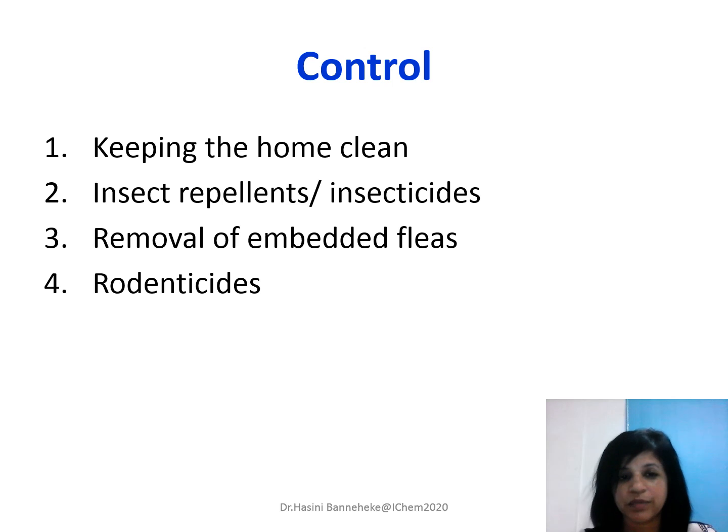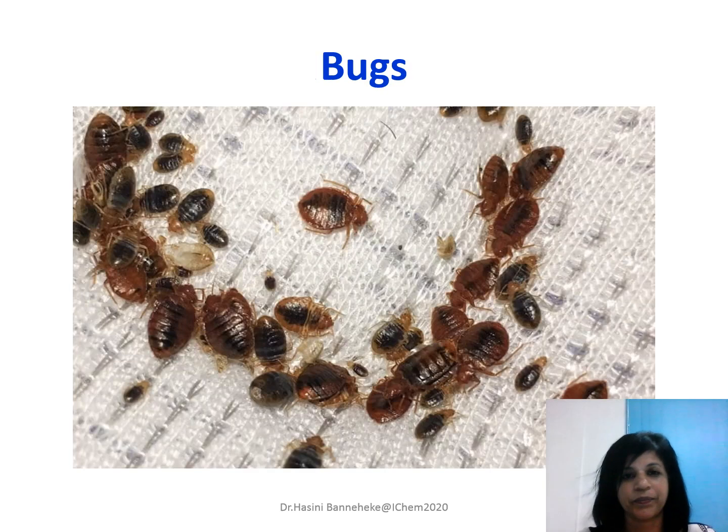Those are human fleas. And then there are rodenticides, that means you use chemicals to kill the rats. When it comes to rapidly transmitting diseases, we can get rid of the rats, so that the fleas will automatically get killed when we use rodenticides.